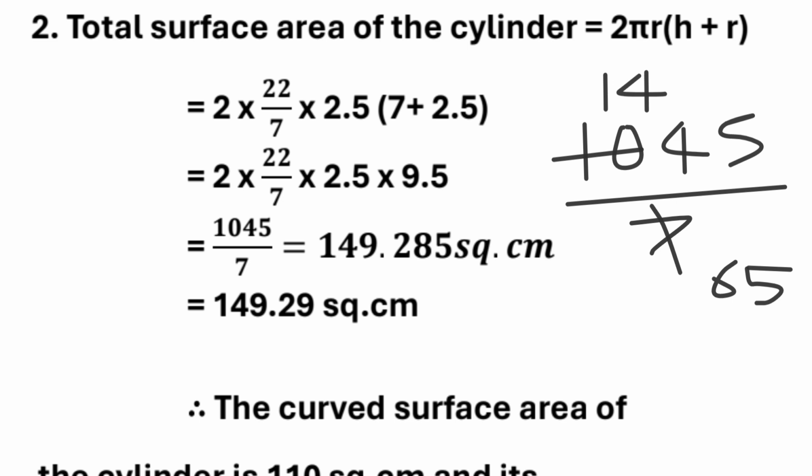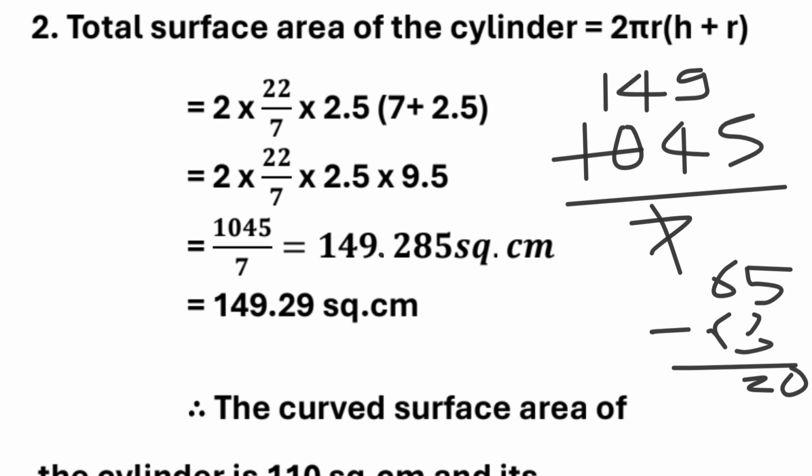Now 7 nines are 63, then we get 2, then that 2 is smaller than 7, so we put 0 and here the decimal point, okay.